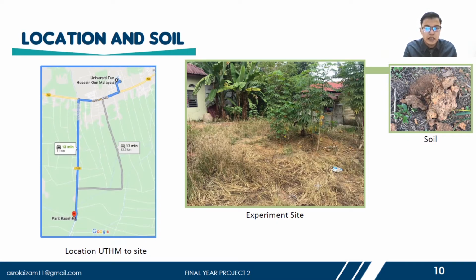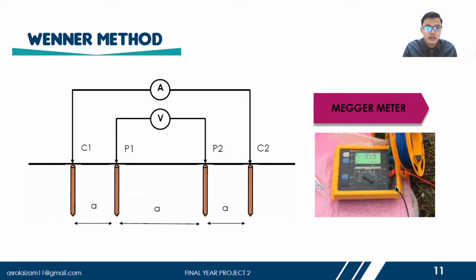The procedure for the experiment will be explained in detail in the report, along with the Wenner method I am using for the experiment. This is the megameter that I have been using.